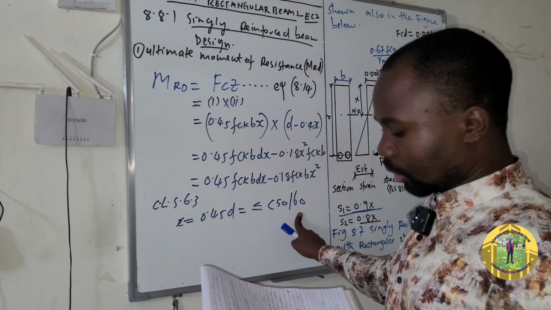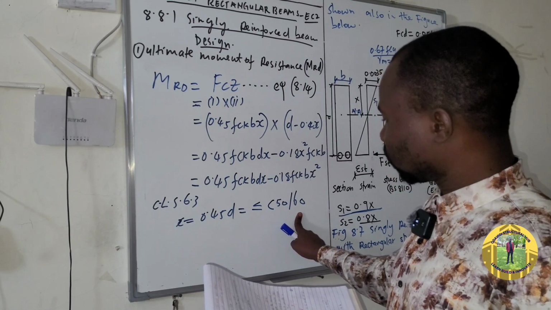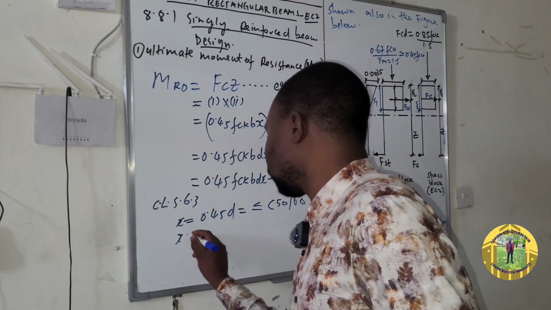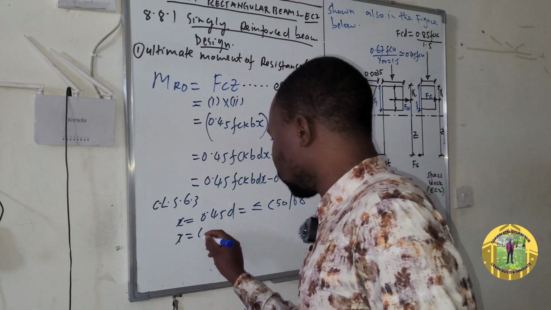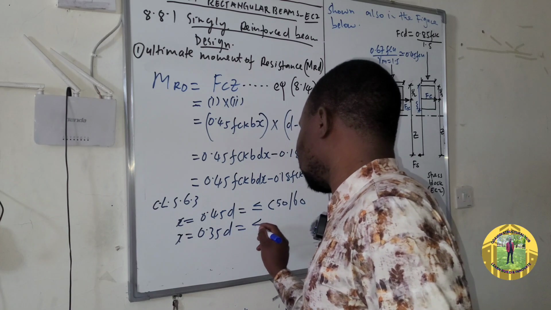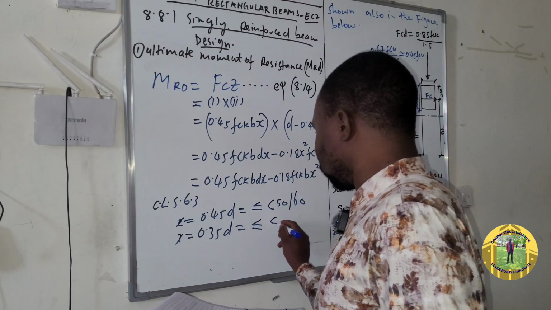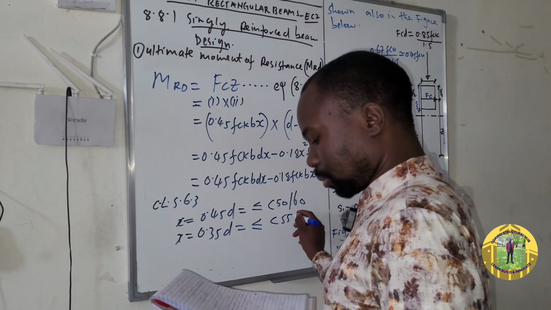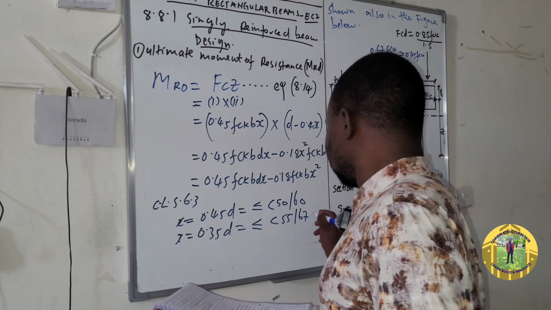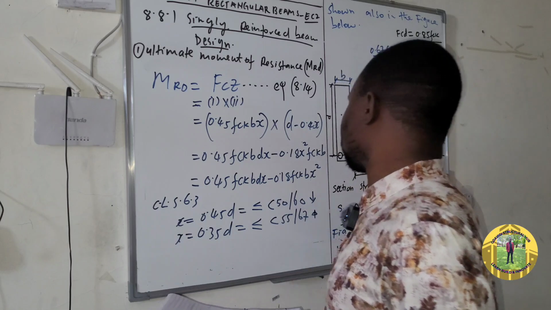And 0.35D for concrete classes C55 and above.